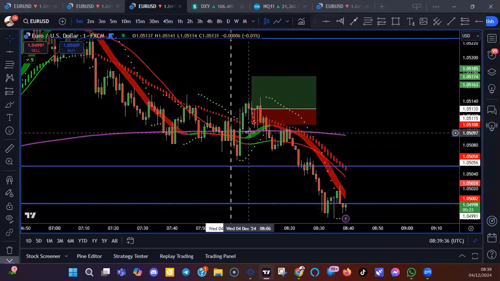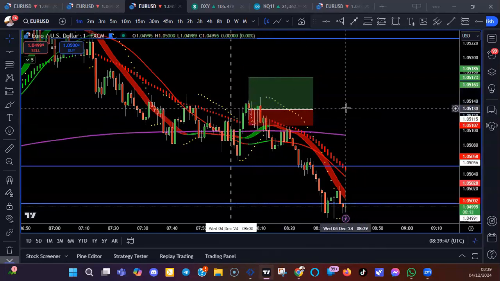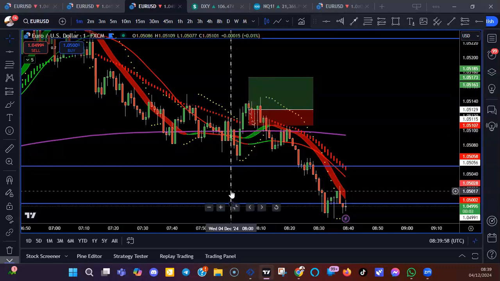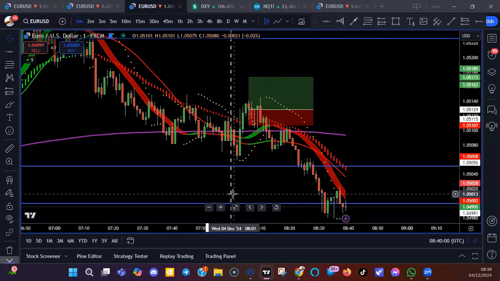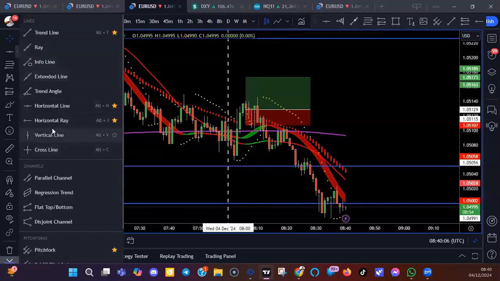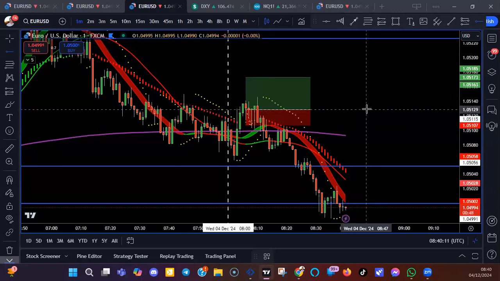So if it came in there, presumably it did. You pick up on the fact that this was a sell, and there was a buy zone at 105,134. Let's get the horizontal ray. 105,134. There.